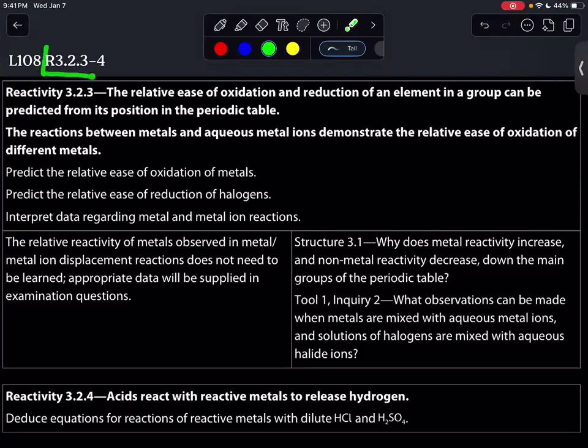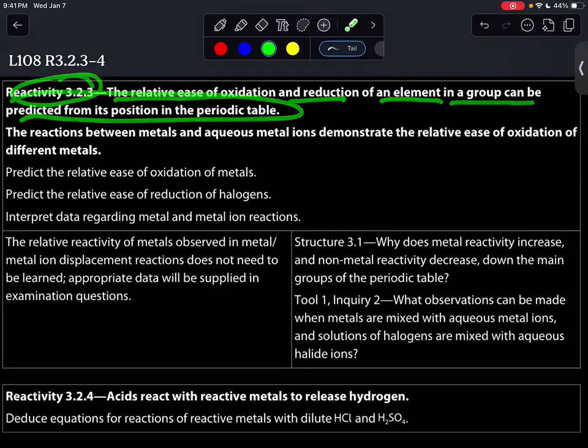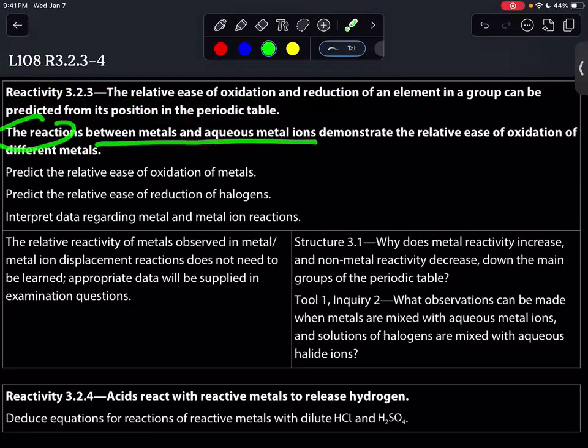Today we're doing reactivity 3.2.3 and 4. In 3.2.3, we'll discuss the relative ease of oxidation and reduction of an element in a group that can be predicted from its position on the periodic table. The reactions between metals and aqueous metal ions will demonstrate the relative ease of oxidation of different metals.